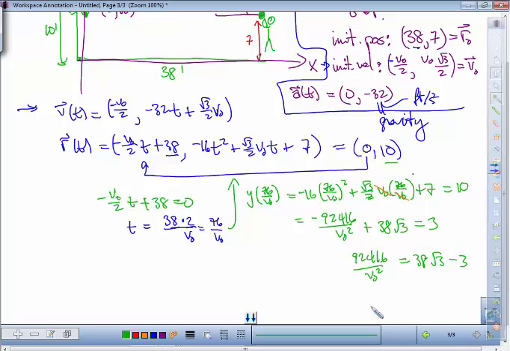Then I have to do the reciprocal, and then take the square root of that.